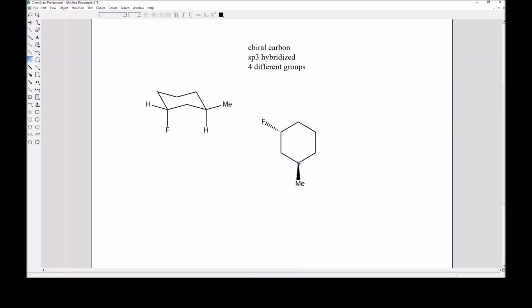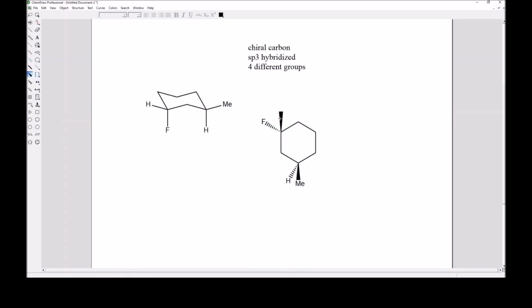This carbon right here is connected to a methyl group. There's a hydrogen that I didn't show. Right there, there's my hydrogen. And then this CH2 group and that CH2 group are not the same. So that is a chiral center right there, because the two CH2 groups are bound to different things. They are not exactly the same, and so they're different. This is also a chiral center right there.